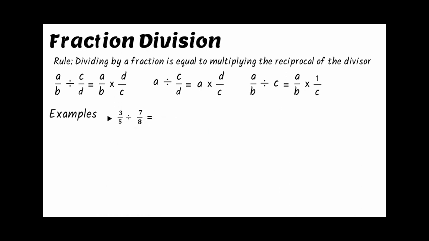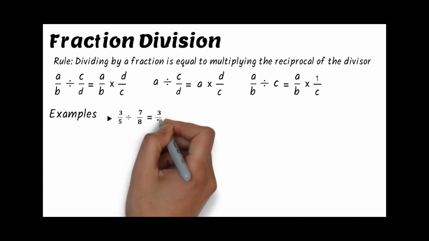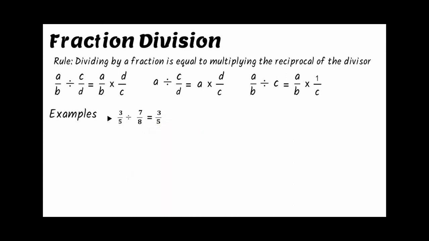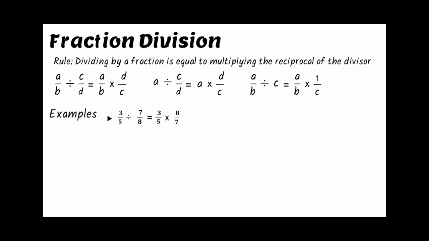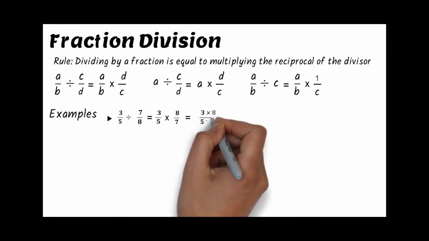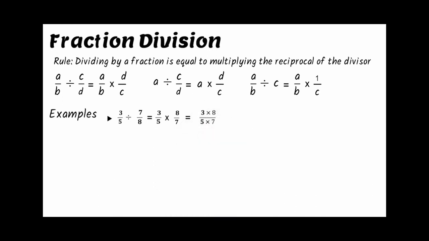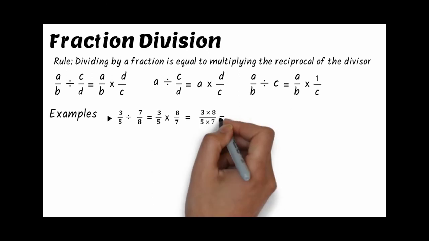So what we have is 3/5 multiplied by 8/7. So now we have two fractions multiplying with each other. And following the fraction multiplication rule, we have 3 multiplied by 8 on the numerator and 5 multiplied by 7 on the denominator. And that gives us 24/35.